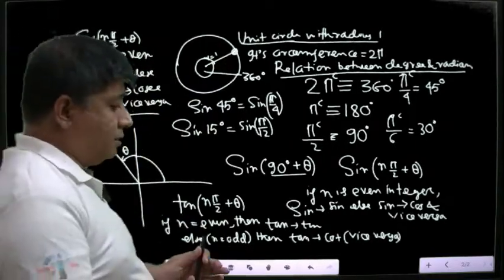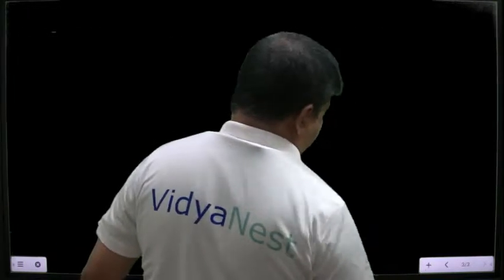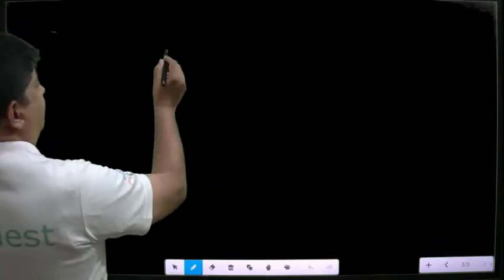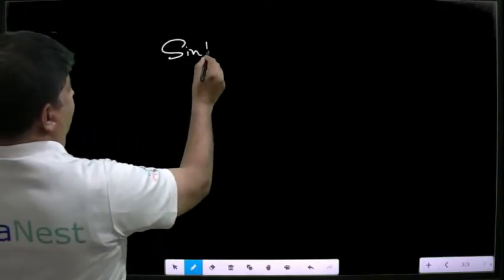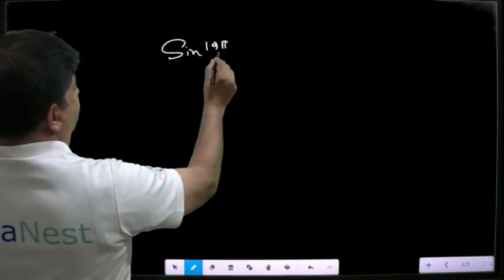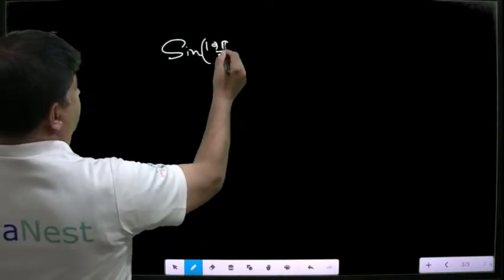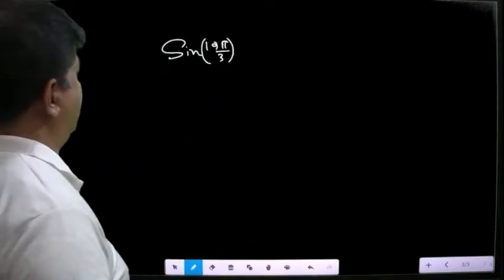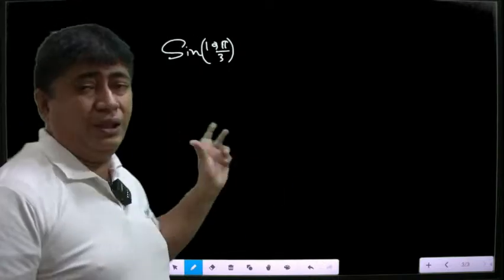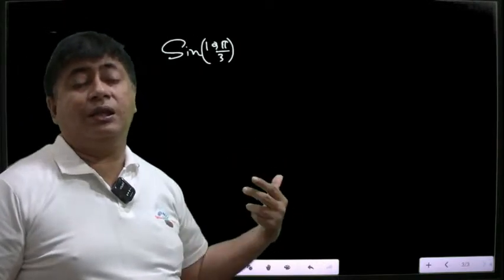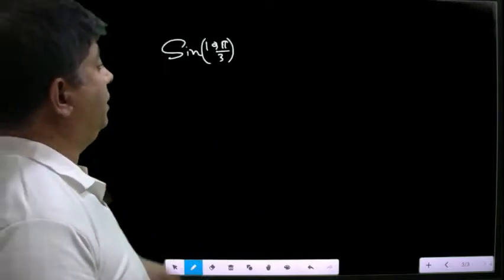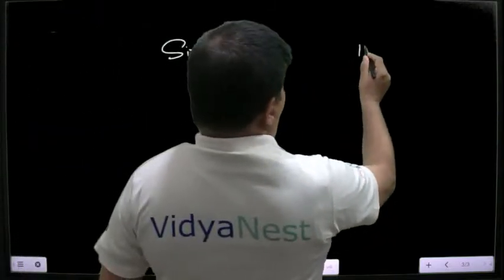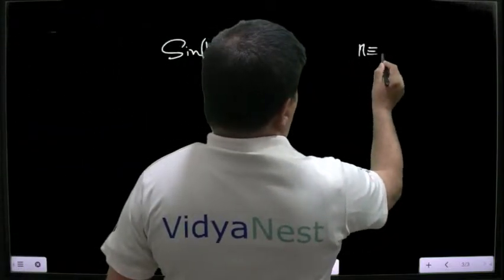Let us take one example. Say you are told to find sin of 19 pi by 3. If you wish, you can convert it into degree. You are already aware that pi means 180 degree.